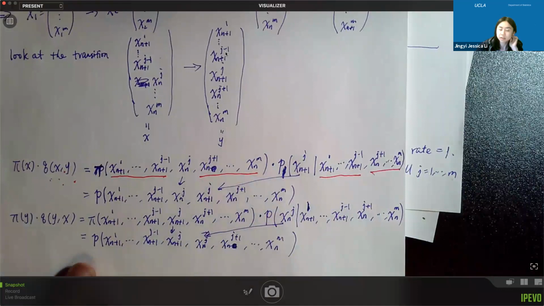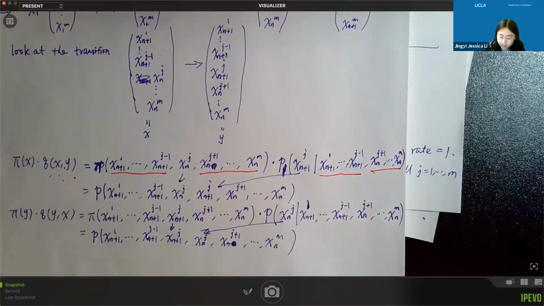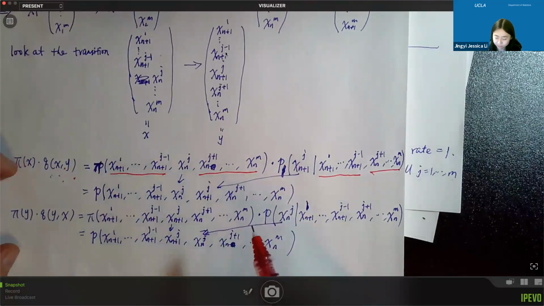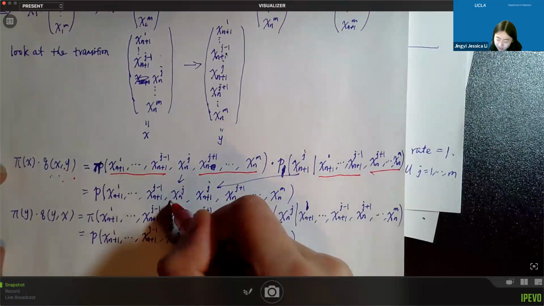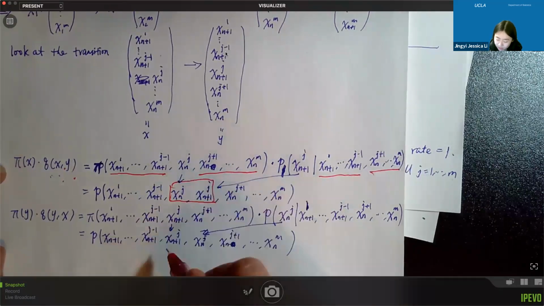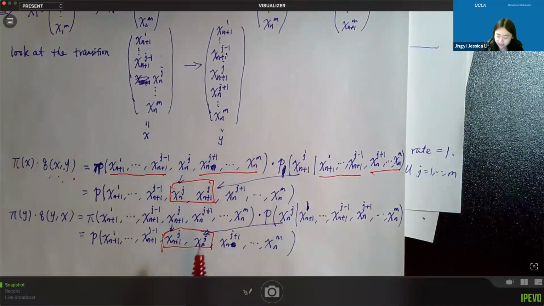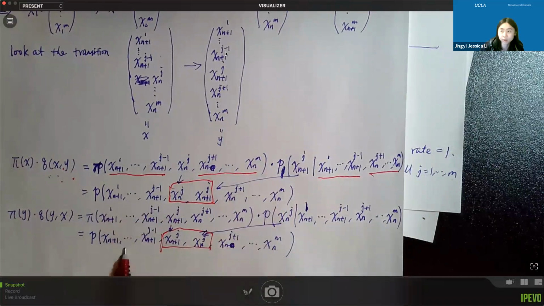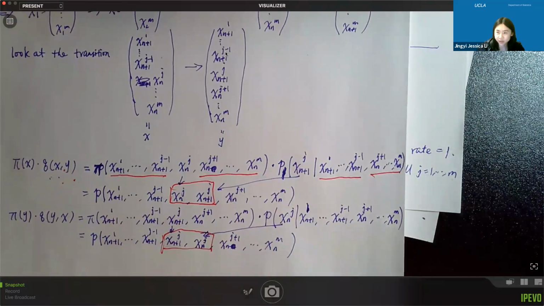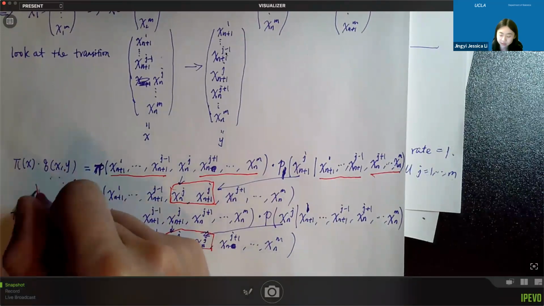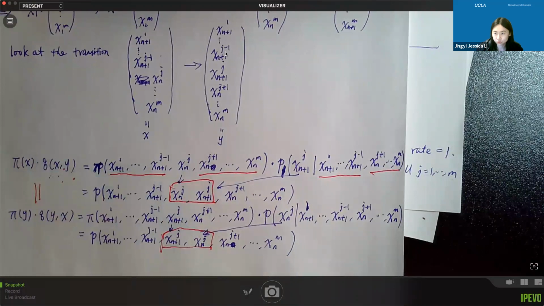Okay, finally, you see that these two things are essentially the same. Left-hand side, right-hand side. Here I have those two, and here I have those two as well. It's just that they are in a different order because of how I wrote it. But essentially, this is the same joint density as this one. So that's why we naturally have the detailed balance equation satisfied by this proposal distribution.